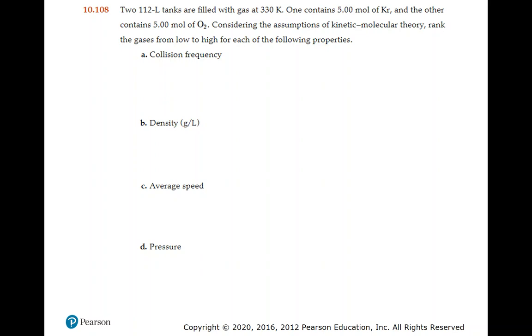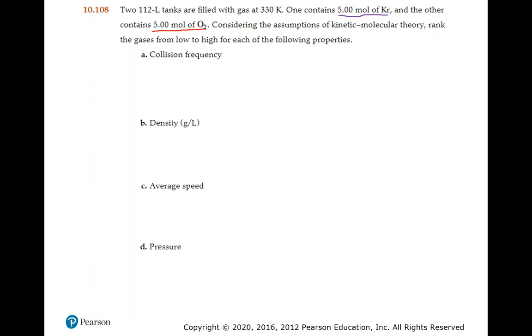Alright, hopefully you tried this on your own. We have one container with krypton and another container with oxygen gas. And both of these containers have the same volume at the same temperature, and they both contain the same number of moles of gas.